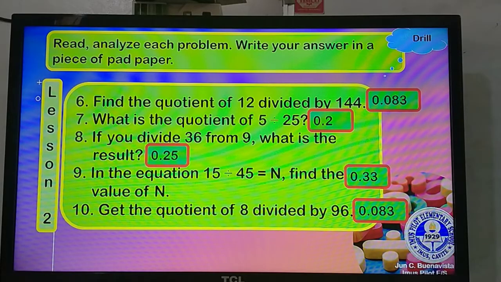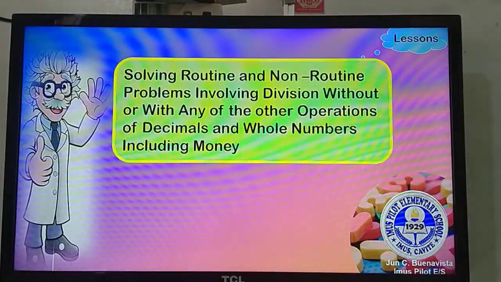Now let's go to our new lesson. Our lesson for this week is all about solving routine and non-routine problems involving division without or with any of the other operations of decimals and whole numbers, including money.